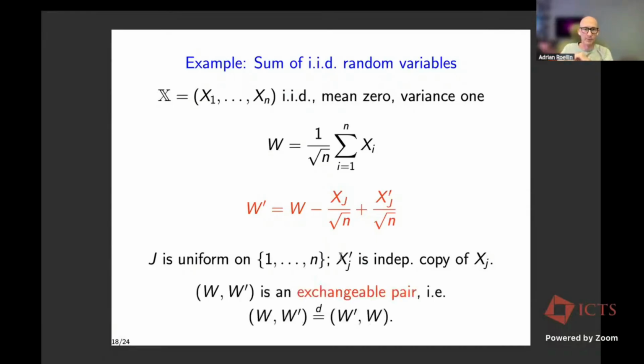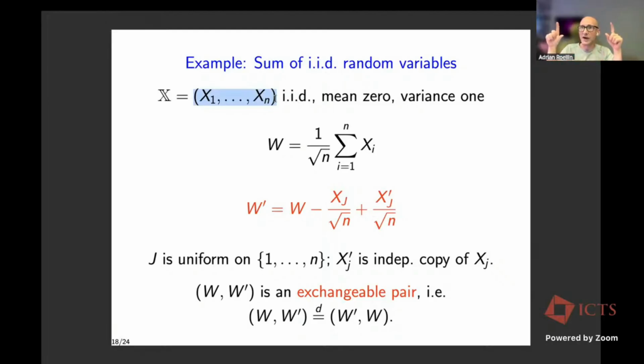Now, here's an interesting observation. This gives you what's called an exchangeable pair. Exchangeable pair means that the distribution of W and W prime is exactly the same as W prime and W. And the reason is that if I give you this whole family, and then the new family, I've changed one of the x's and replaced it by an x prime.